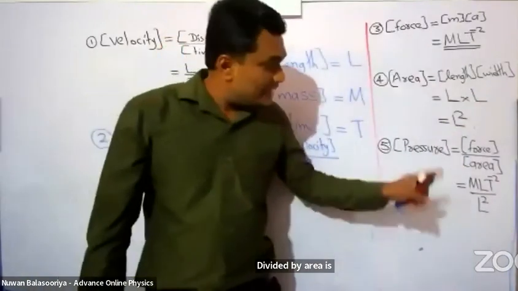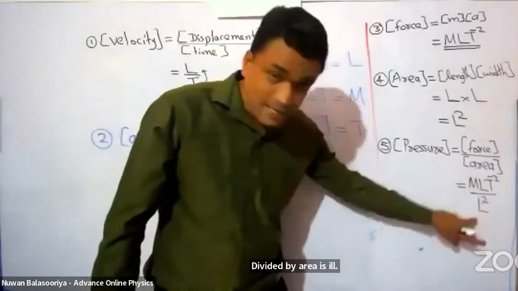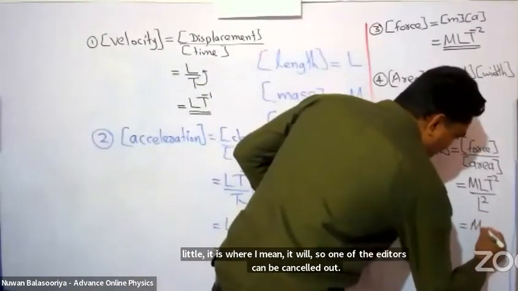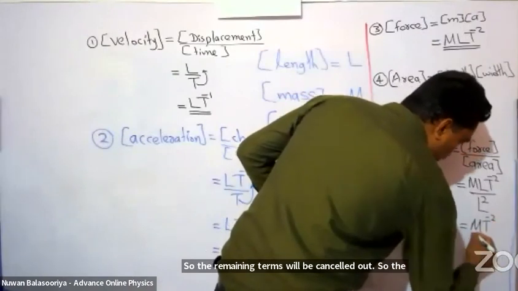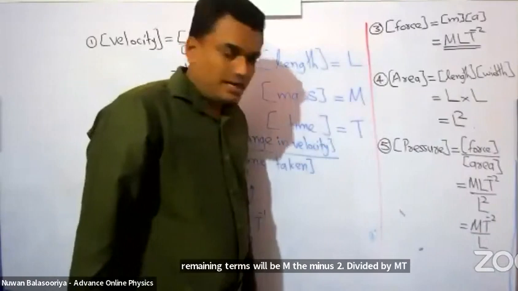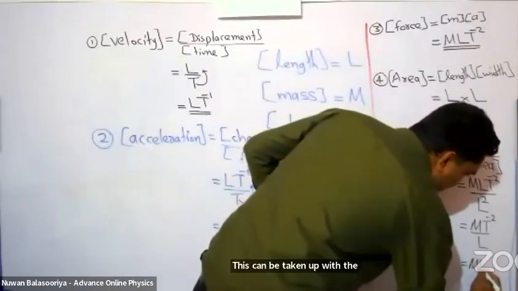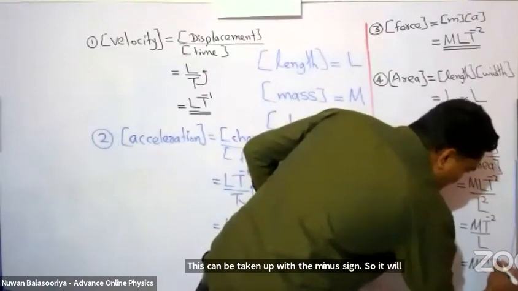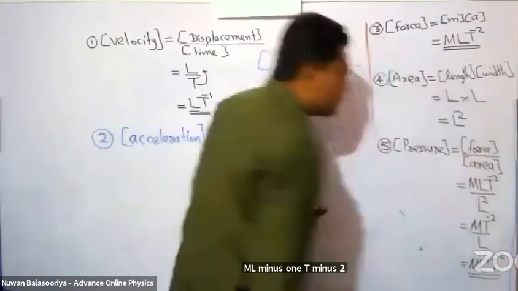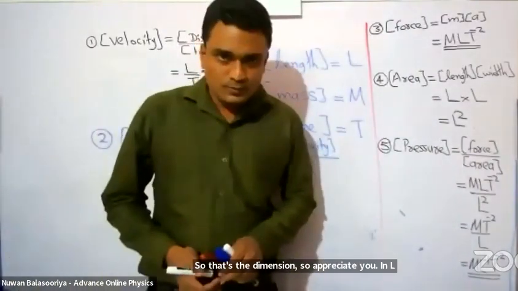L square means L into L, so one of the L terms can be cancelled out. The remaining terms will be MT minus 2 divided by L. This L can be taken up with the minus sign. So it will be ML minus 1 T minus 2. So the dimensions of pressure are ML minus 1 T minus 2.